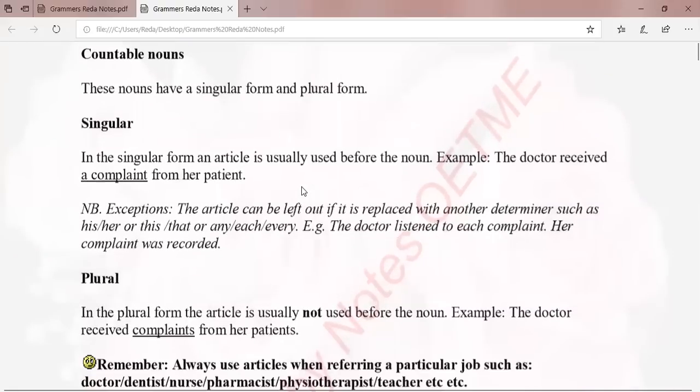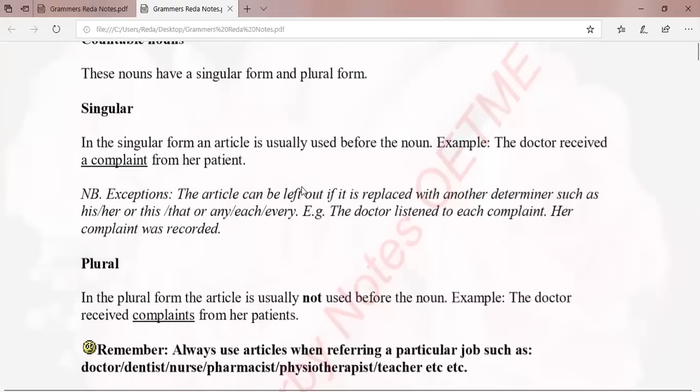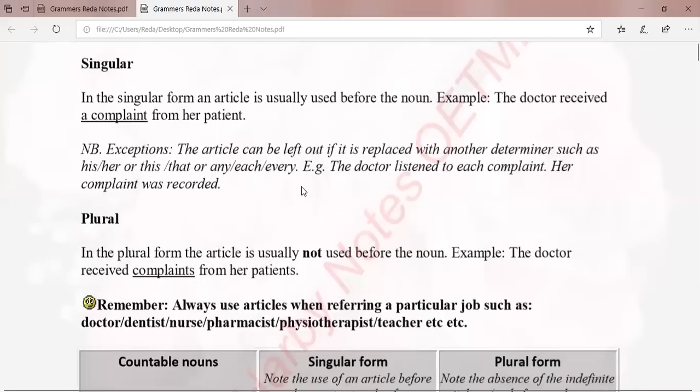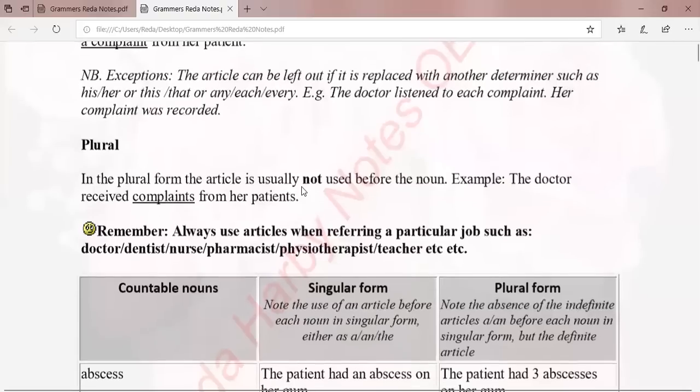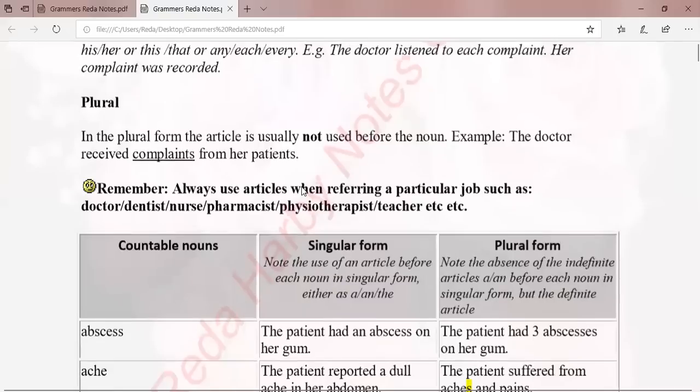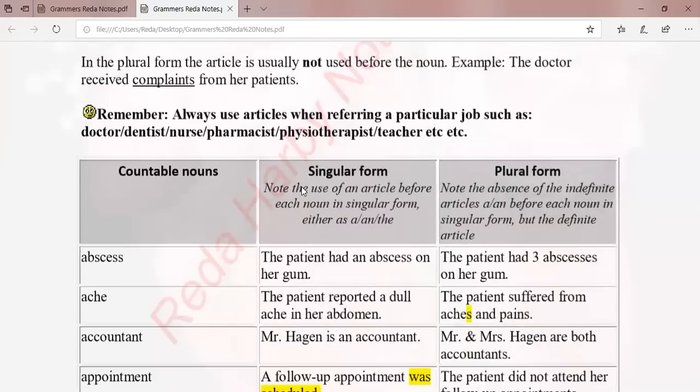A complaint, or 2 complaints, or for each complaint, but for plural, do not use an article before the noun. Remember, always use an article when referring to a particular job, such as doctor, scientist, nurse, etc.